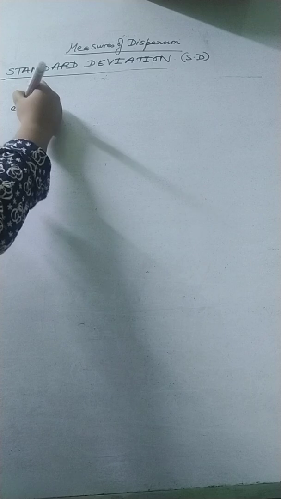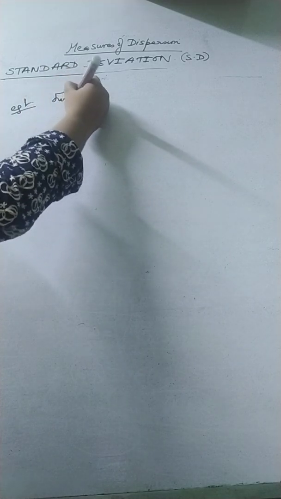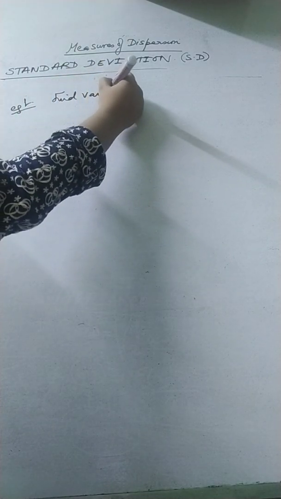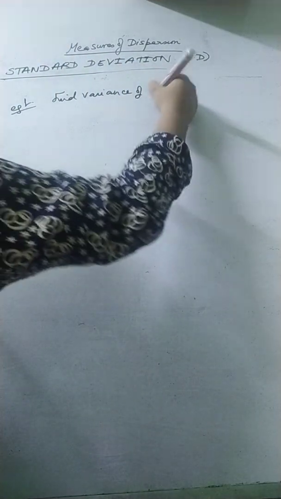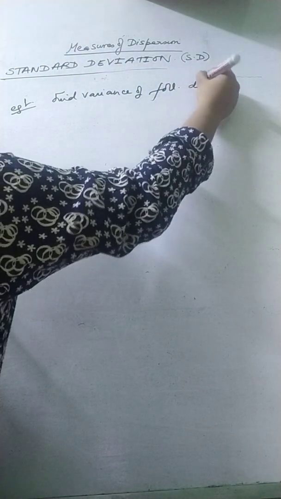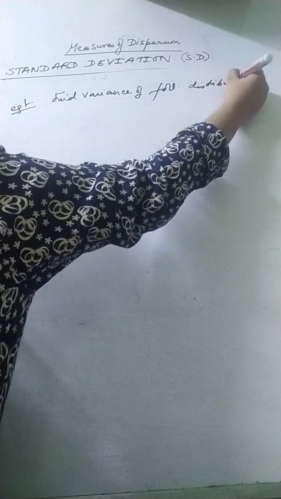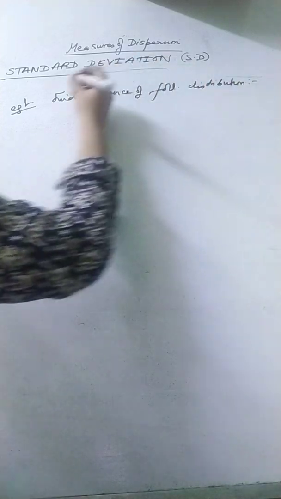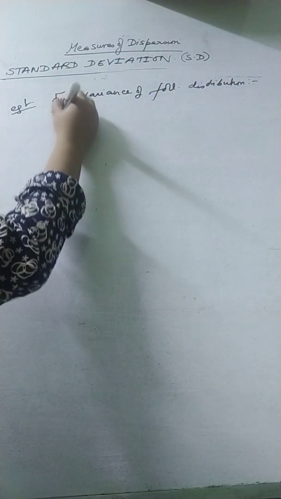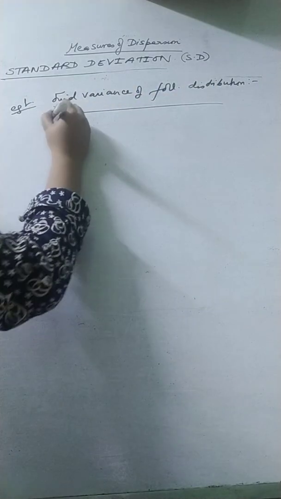The first example: find the variance of the following distribution. Values are x and frequency is also given.